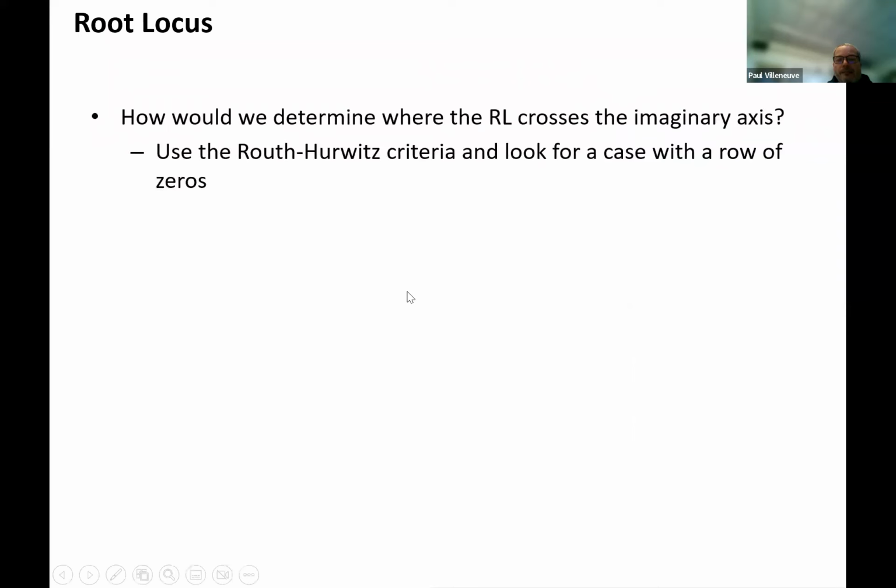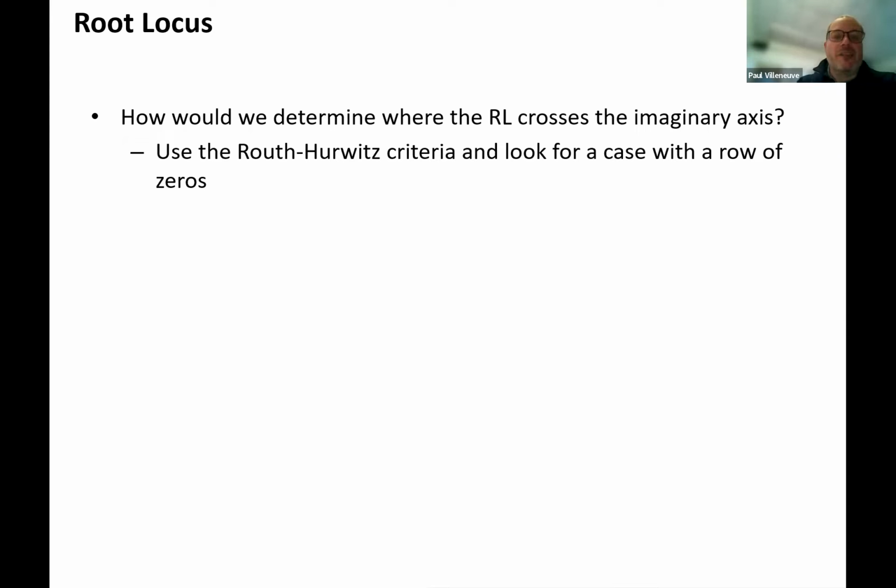All right. One more thing that we can refine. If we are either crossing the j omega axis because we are approaching zeros at s equals infinity, or if our angle of arrival or angle of departure points are such that we have to cross the j omega axis, we can use our Routh-Hurwitz criteria and find our auxiliary equation.